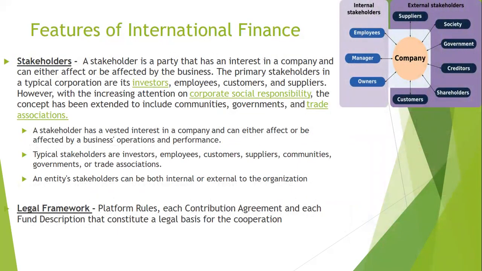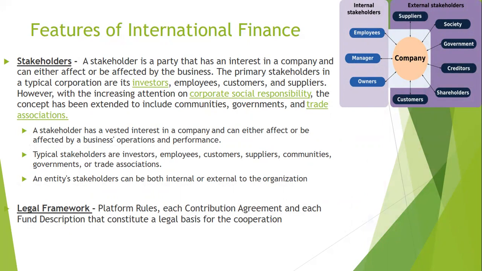The third feature is stakeholders. A stakeholder is a party that has an interest in a company and can either affect or be affected by the business. The primary stakeholders in a typical corporation are its investors, employees, customers, and suppliers.